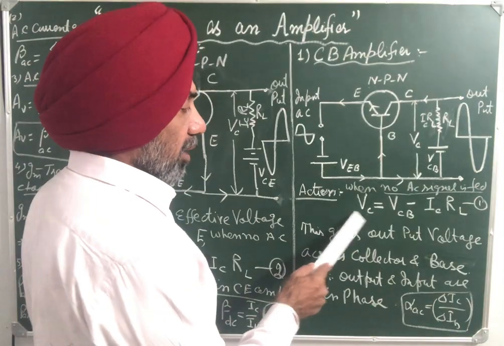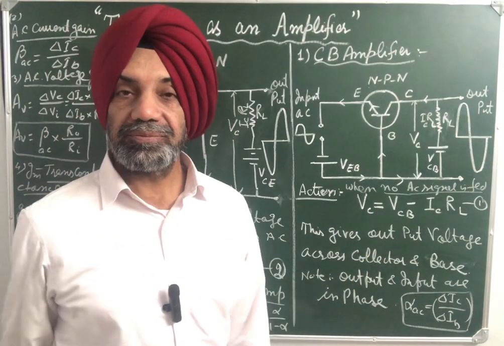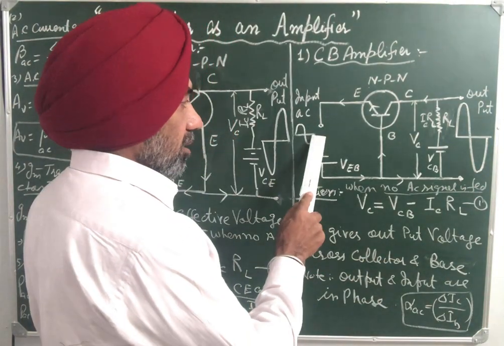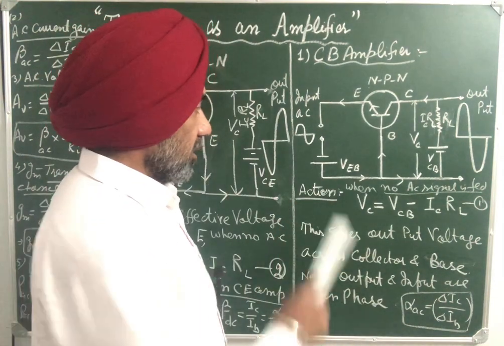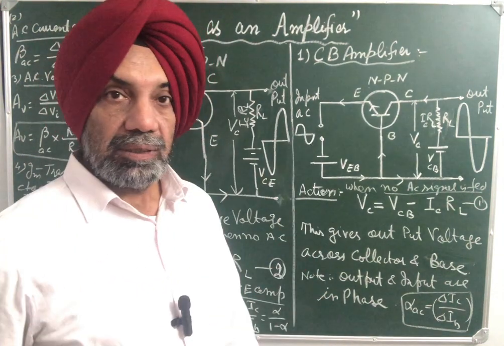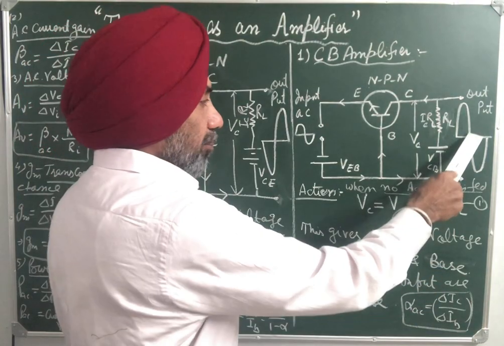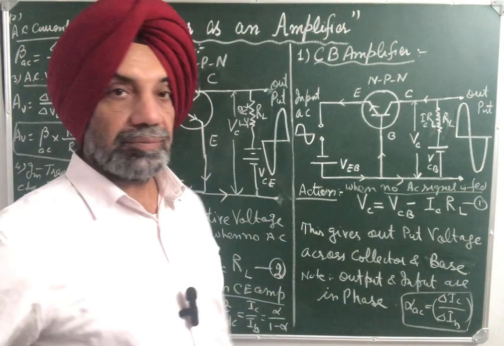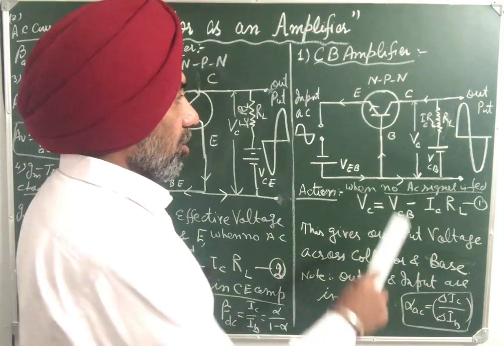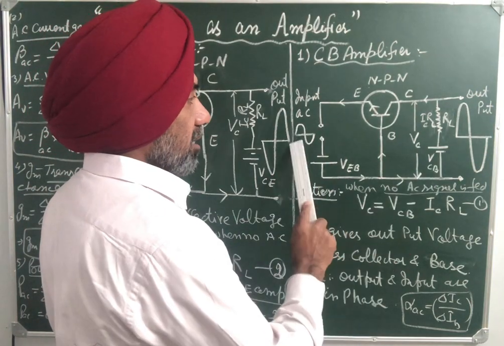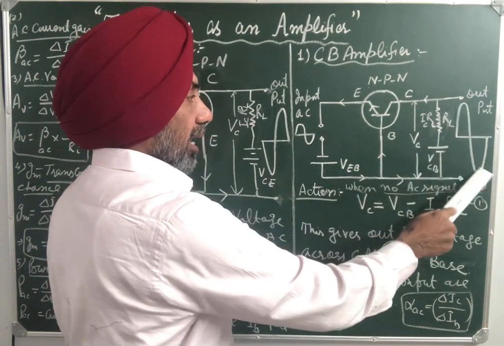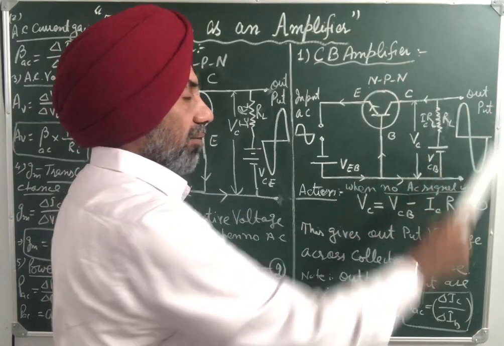So VC becomes more negative. So instead of a small input negative half cycle, we get an amplified negative half cycle. This is how the input AC signal is amplified and we get amplified positive and negative halves.